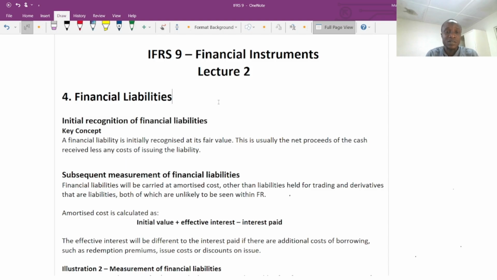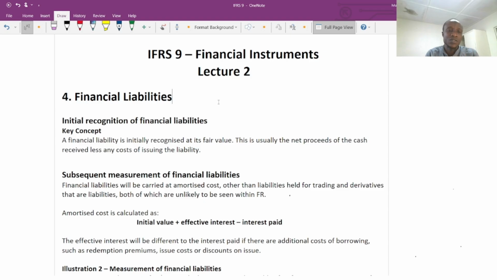On annual basis, I have to pay interest on the loan. I have to pay cash payments as a result of the loan. So impliedly, I have a present obligation to settle a transaction in the future. So that's a liability. So I'm going to debit the bank because I'm going to receive the money, then I'm going to credit the liability.